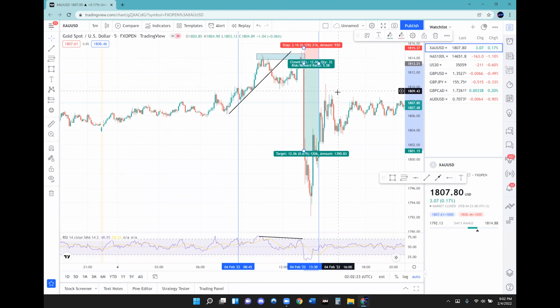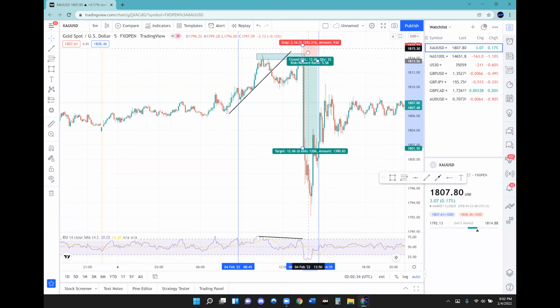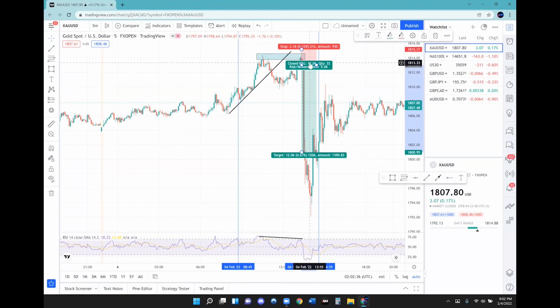And as day traders, we cannot avoid losses all the time. So it's vital for us to have our rewards far greater than our risks. So here we're risking about 20 pips to accumulate 120 pips. So we have about 5 times, almost 6 times our risk, right?